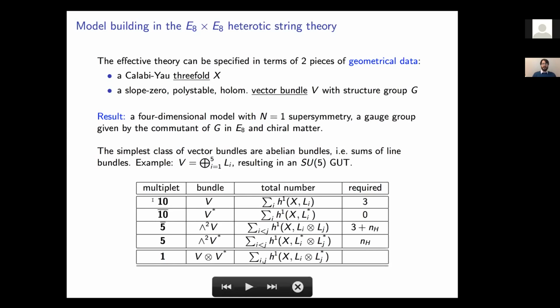So for instance, if you look at the 10 multiplet where the left-handed quark lives, you want to have three of these, and you compute the number of 10 multiplets by computing the H1 line bundle valued cohomology on X. And similar for the other SU(5) multiplets.